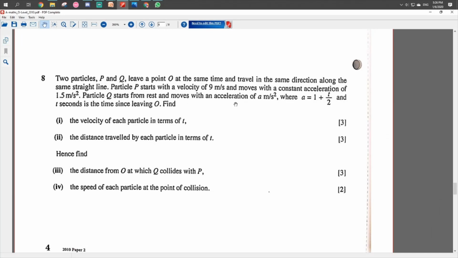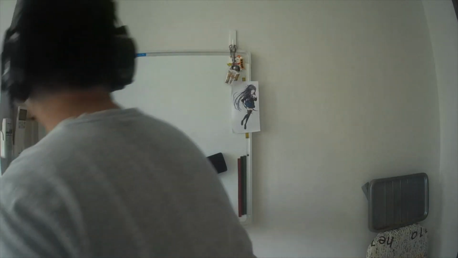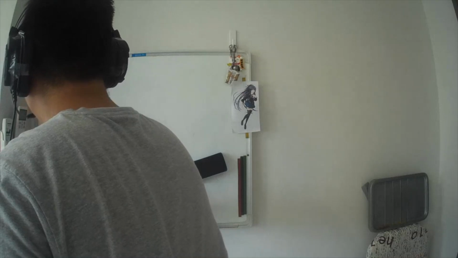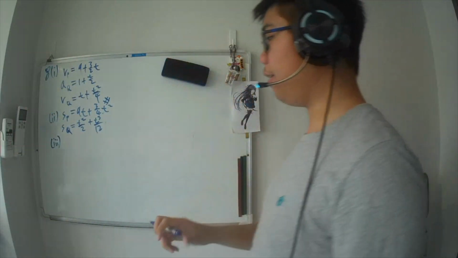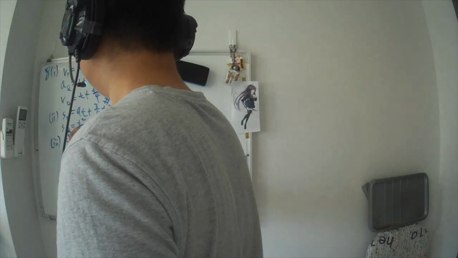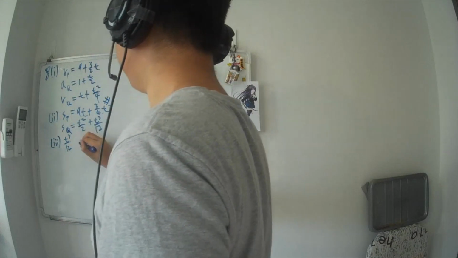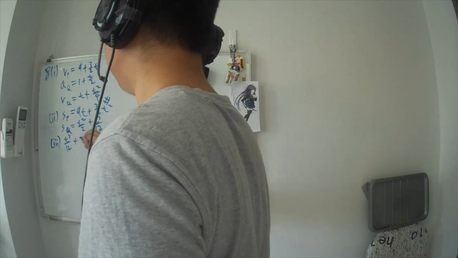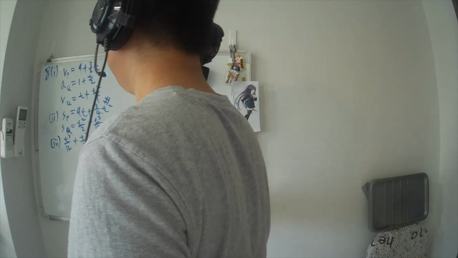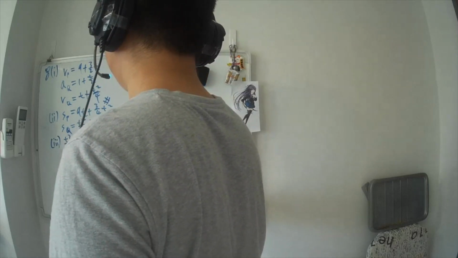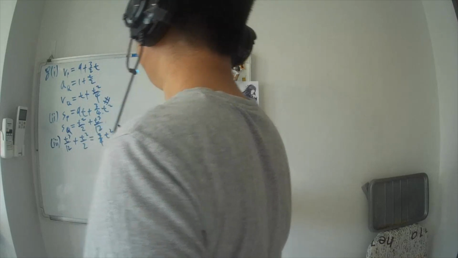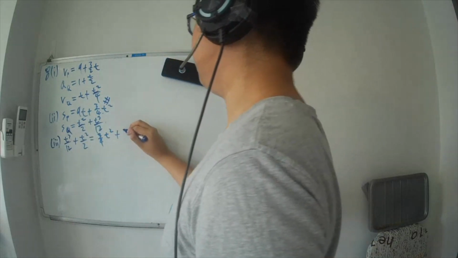Okay, hence find the distance from O at which Q collides with P. Okay, so that is the point where we will equate SP to SQ, right? So we have t cubed over 12 plus t squared over 2 is equal to 3/4 t squared plus 9t.